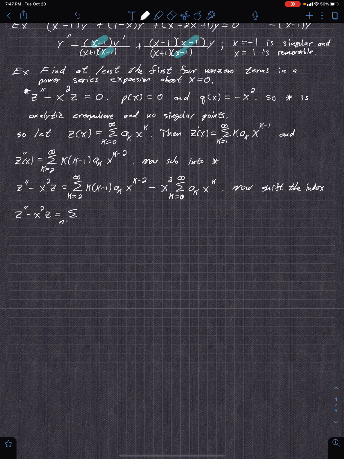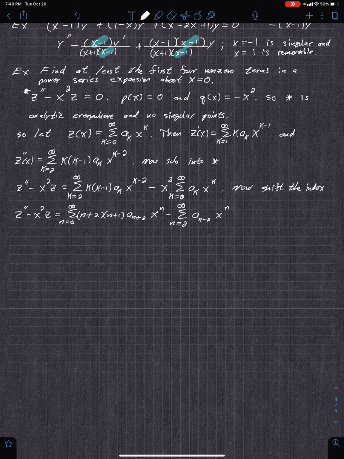All right, so then you have the sum from 0 to infinity. But then if we evaluate at k equals 1 and k equals 2, then you get n plus 2 times n plus 1, a sub n plus 2, x to the n, minus, and then if we start at 2 to infinity, you get a sub n minus 2, x to the n.